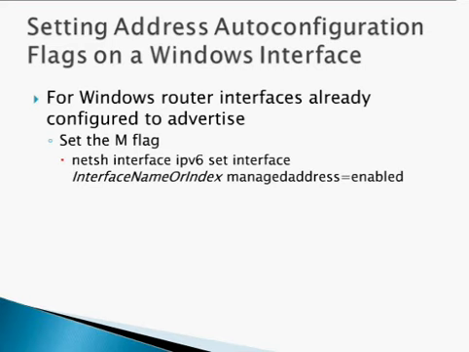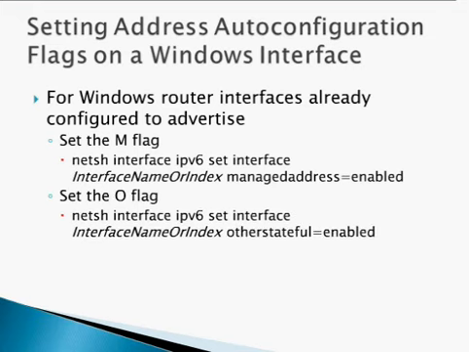So that sets the M flag. And similarly, we set the O flag with otherstateful enabled. And if you want to set both, you can do it on the same command line. But again, this is a way to set these flags on a given interface. After these flags are set, the next RAs that are sent out have these two flags set, and now the hosts see those flags, and they automatically use DHCPv6 to do the additional configuration.